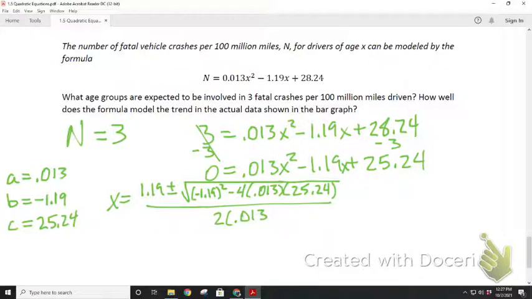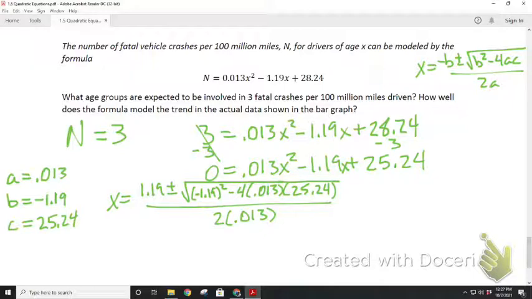Take your time, look at what you wrote down, and double check that you plugged in correctly. That negative b is where people mess up. By negative b, I mean in the formula, it's negative b plus or minus the square root of b squared minus 4ac, over 2a. And that very first term, negative b, people mess up on.